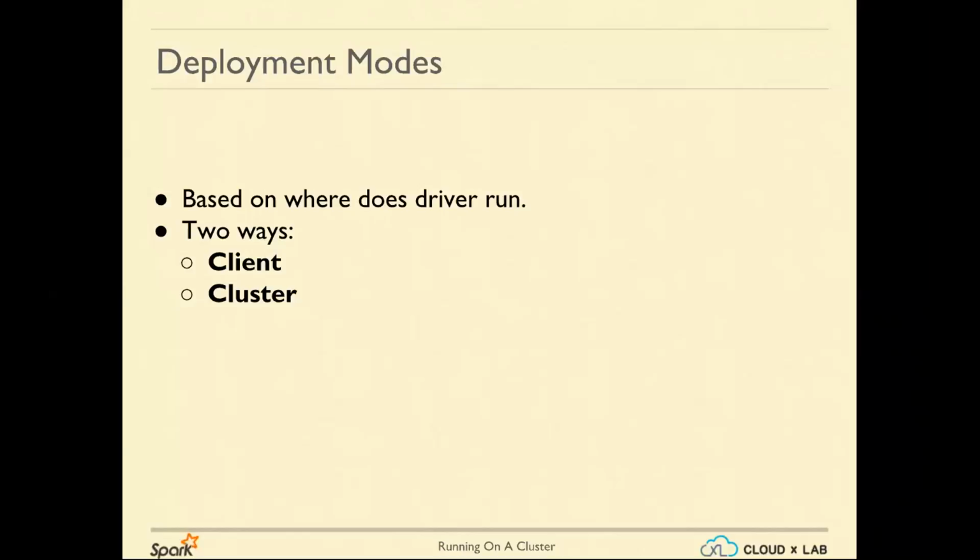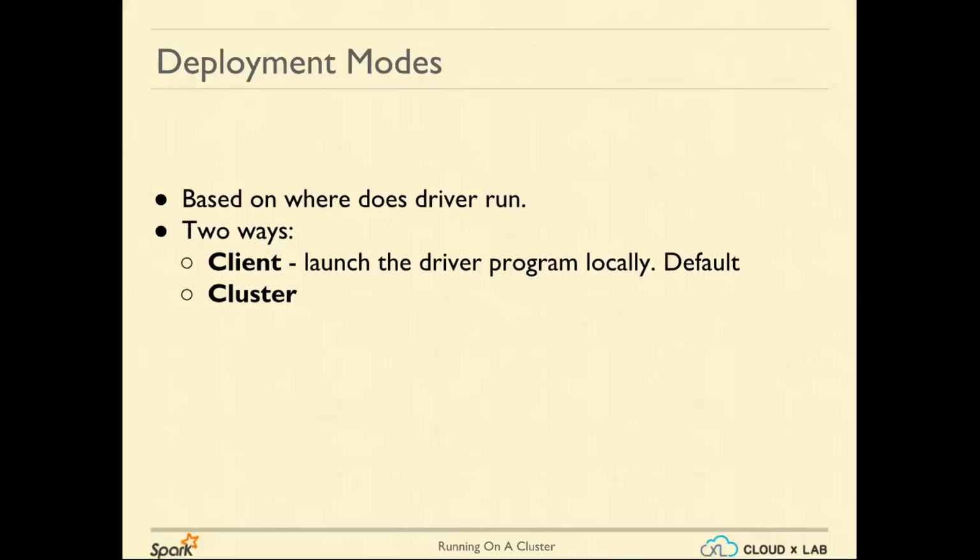Now the second part to execution is the deployment mode. Deployment mode is based on where the driver runs. Does the driver run on the same machine on which the user is logged in, or does the driver run somewhere else? So there are two places the driver could run. The driver could either run where the client is, or the driver could run inside the cluster.